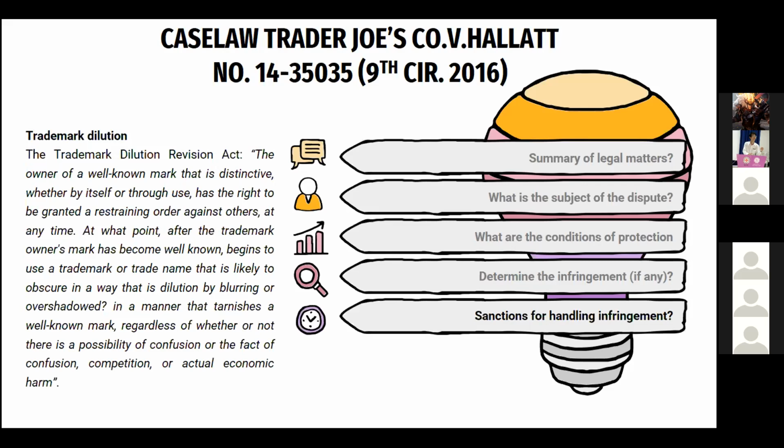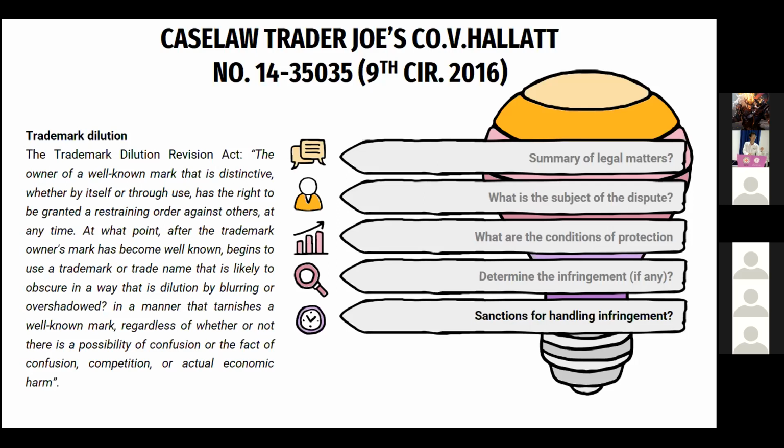The Lanham Act, as amended by the TDRA of 2006, provides the owner of a well-known mark that is distinctive, whether by itself or otherwise, the right to a injunction against another person who, at any time after the trademark owner's mark becomes well known, begins to use a trademark or trade name that is likely to cause dilution by blurring or tarnishment of the famous mark, regardless of whether or not there is the possibility of confusion, competition, or economic harm.